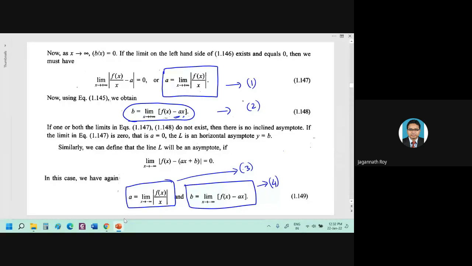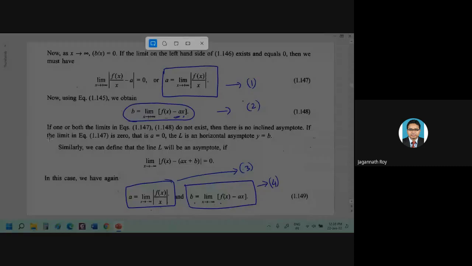If you think about the negative direction, then you have to take the absolute value and find the value. And if you try to find it for the negative also, then you take these values. Are we clear?